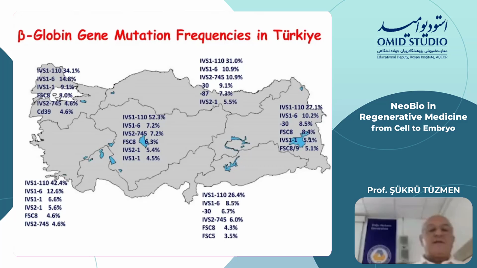So here is another mutation list, a frequency mutation list, according to the parts of Turkey, which may come in handy when you're doing prenatal diagnosis and you know which groups of mutations you have to deal with. Otherwise, you're going to be looking for a needle in a haystack, okay?